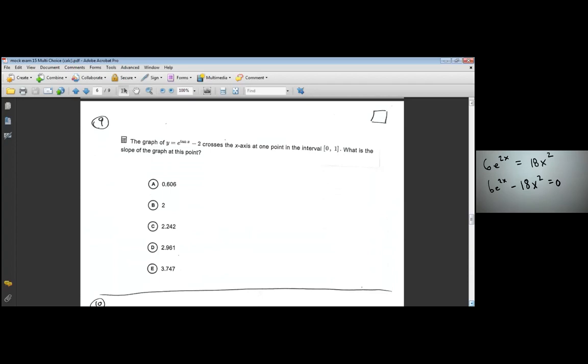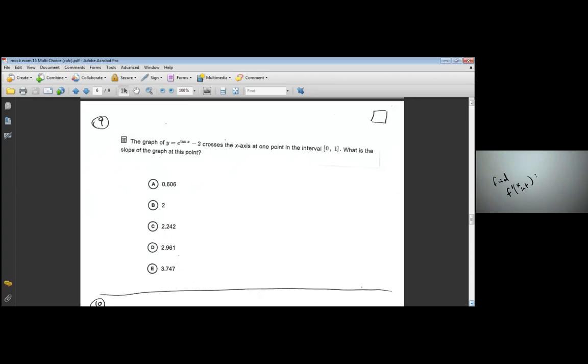So in other words, this question is saying, find f prime of the x-intercept, is what the problem says. So in order to get going, we need to find the x-intercept.